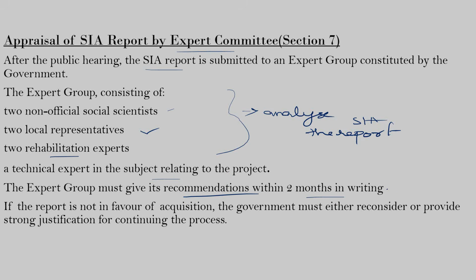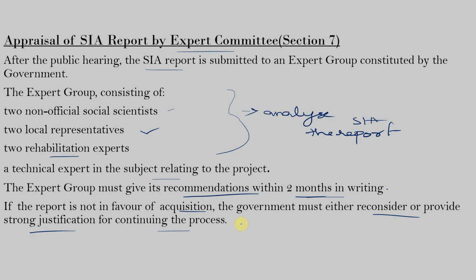So, after public hearing is done and after including the suggestions or objections in the SIA report, it is sent to the expert group, and the expert group shall, within 2 months from the receipt of the report, give recommendations on that report. And if the report is not in favor of acquisition, the government must either reconsider or provide strong justification for continuing the process.